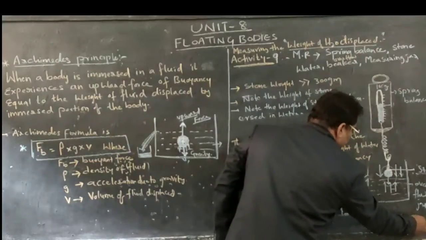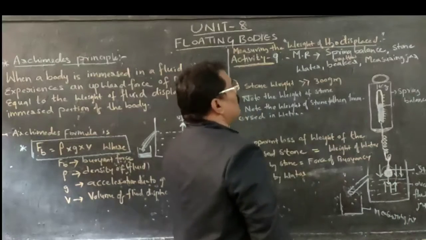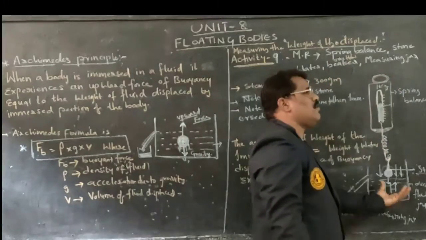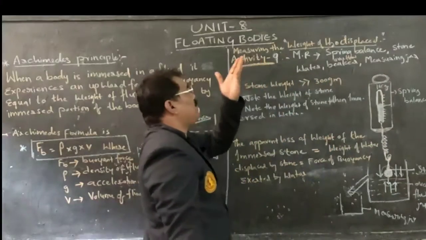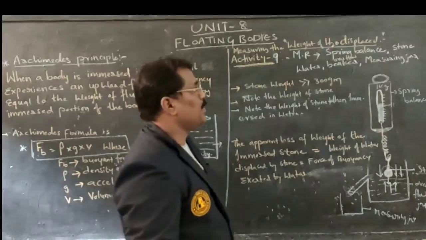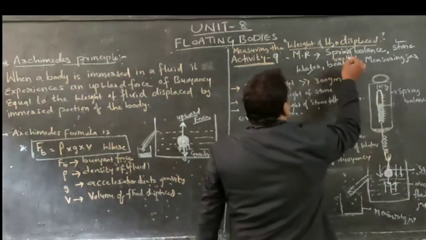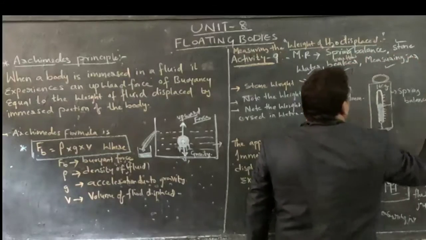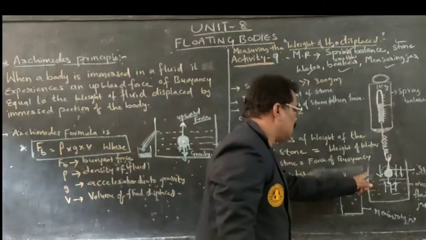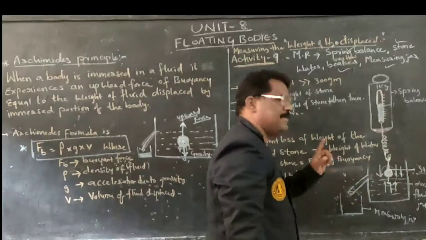These are the materials to perform this activity: spring balance, stone, water, overflow beaker, as well as measuring jar. This overflow beaker has a beak.